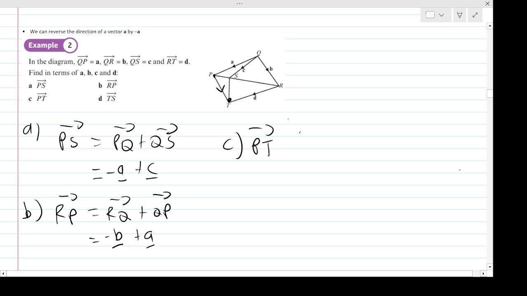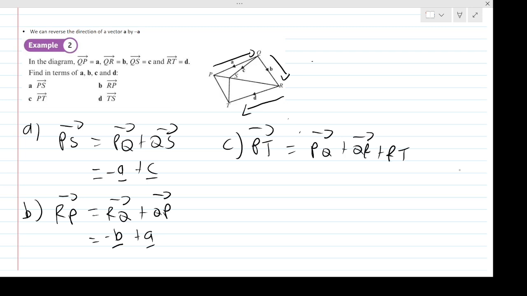The direct vector will be there, but obviously we don't have a vector for that, so we need to find another way of getting from P to T. Well, I can go along this way, so I can go from P to Q, and then Q to R, and then R to T. And there we are, I end up at T. And that would then be the vectors P to Q, add Q to R, add R to T. Okay, and there we are.